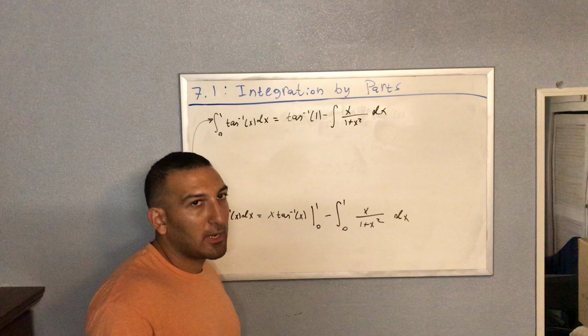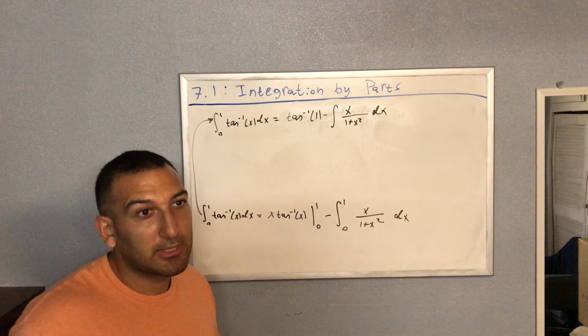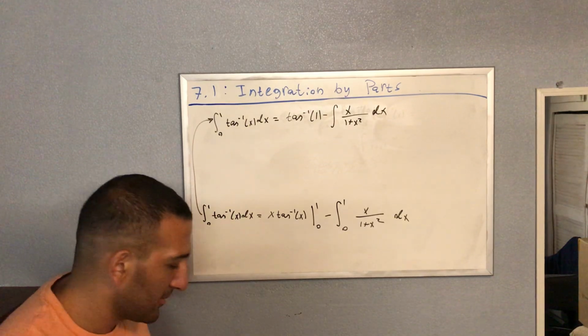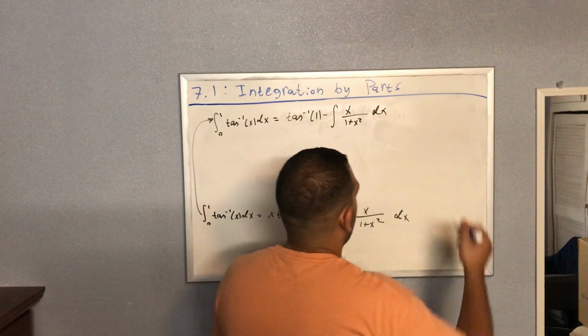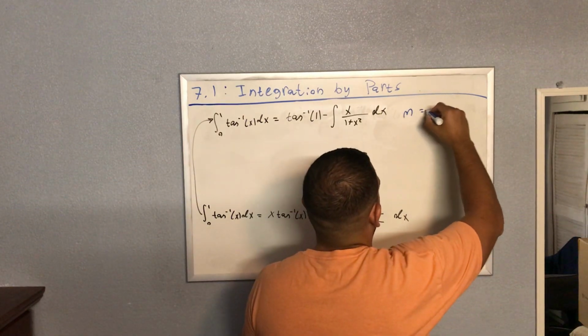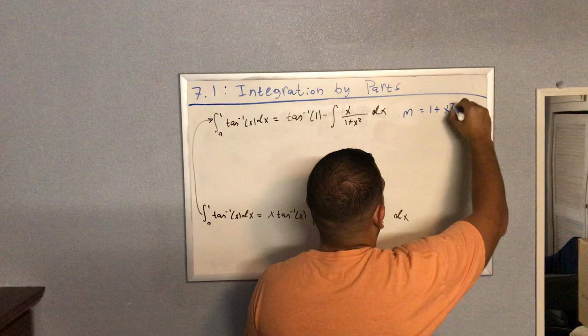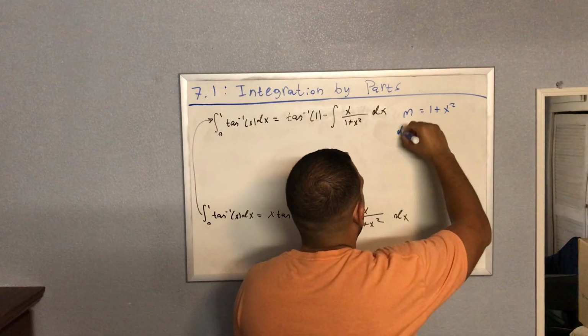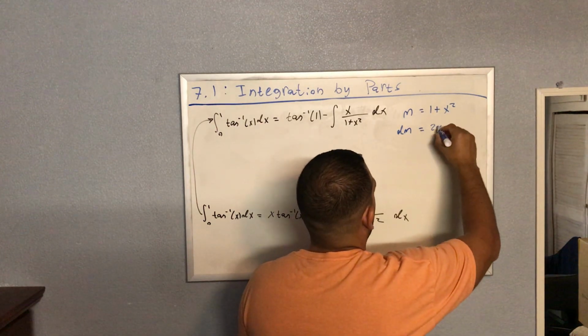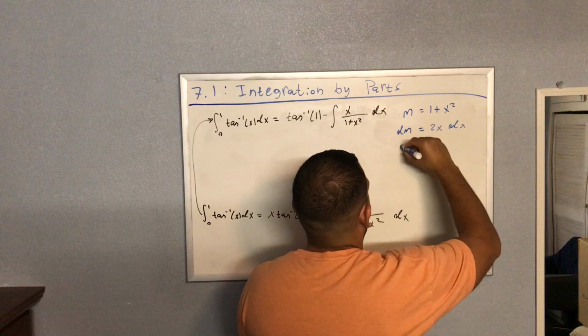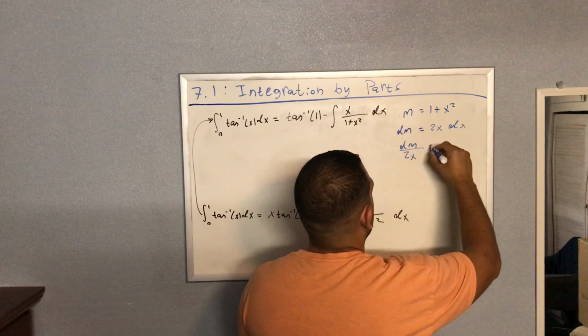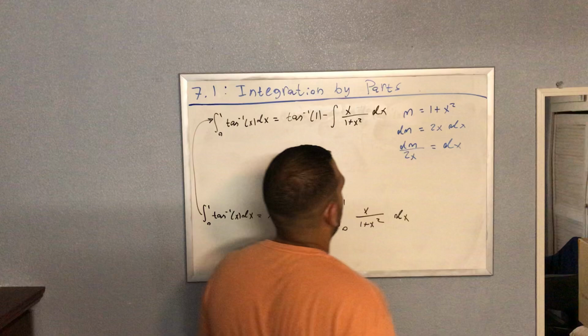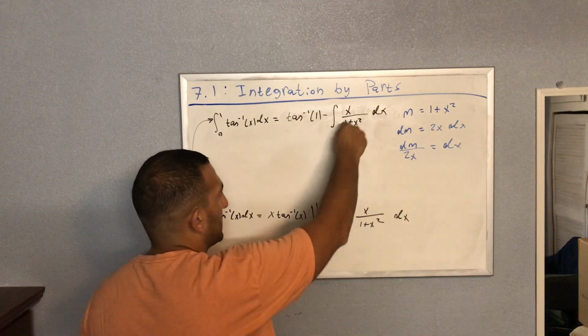But might as well just try something else. So instead of u substitution, let's try m substitution. So we're going to let m be 1 plus x squared. So then dm will be 2x dx, and then dm over 2x will be dx. So that'll help us take this integral.